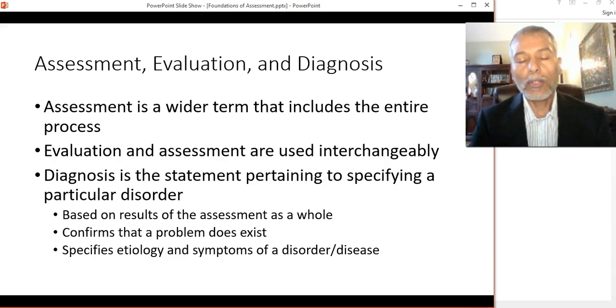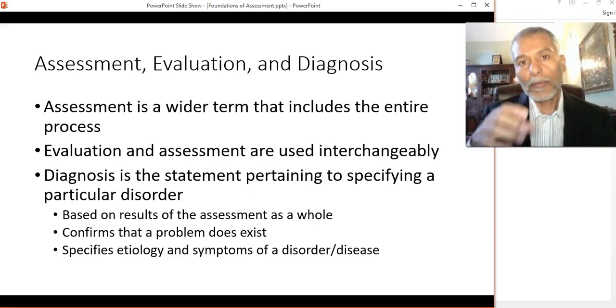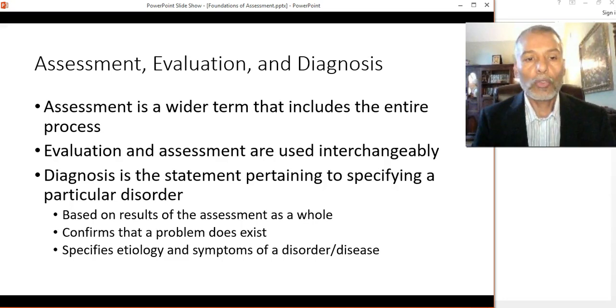Again, the diagnosis confirms the existence of the disorder or the problem that had been suspected when the referral was initially made. And typically a diagnosis also involves the identification of the features and the symptoms of that particular disorder.